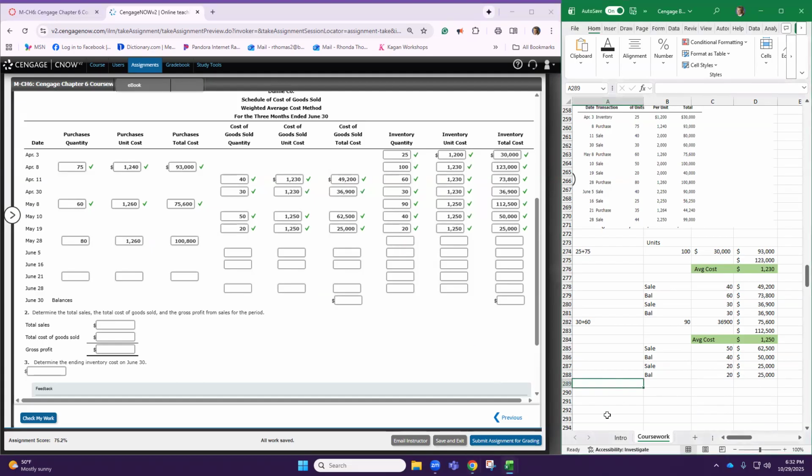So we're ready to do this again. 20 units plus the 80 that we just purchased, which is 100. And then we want the total, which is 25,000 plus the new purchase total, and we're going to add these together.